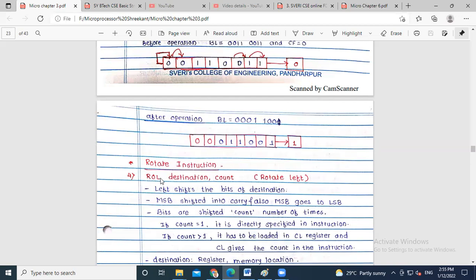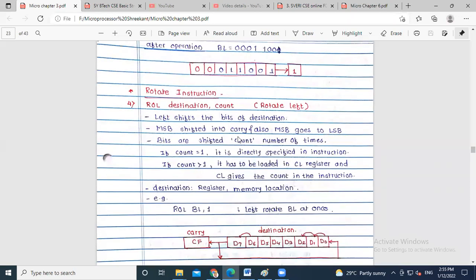First one is ROL destination, count. Here the bits of the destination are shifted left, and the most significant bit is shifted into the carry flag.